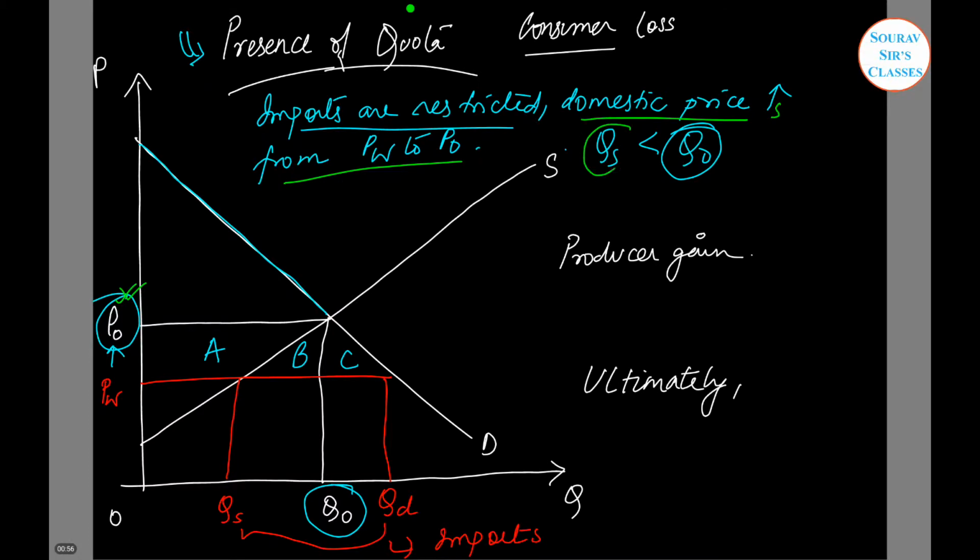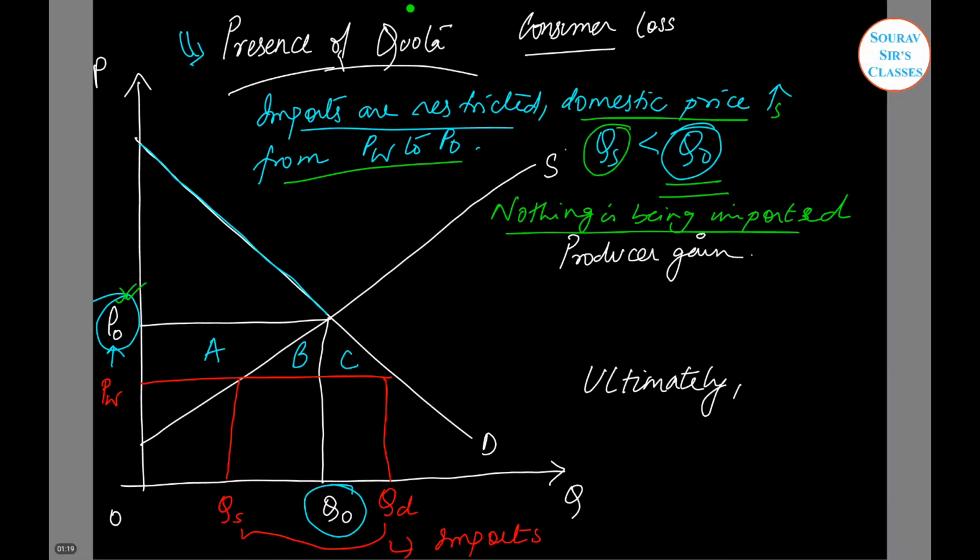So instead of QS, they are now producing Q0 amount of output. And it must be noted that nothing is being imported, so imports are zero.